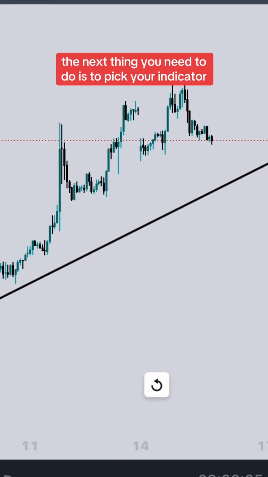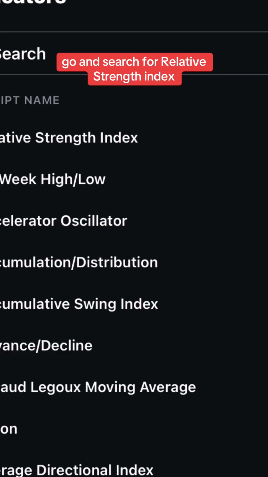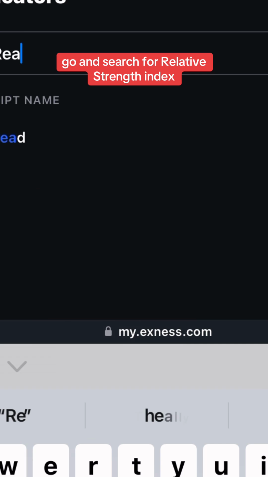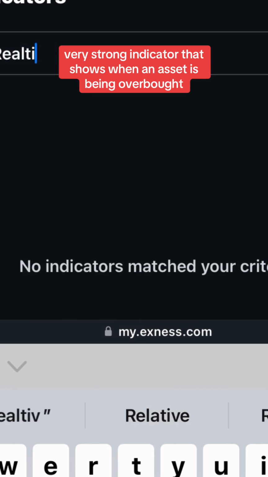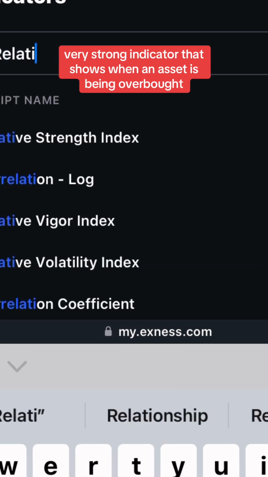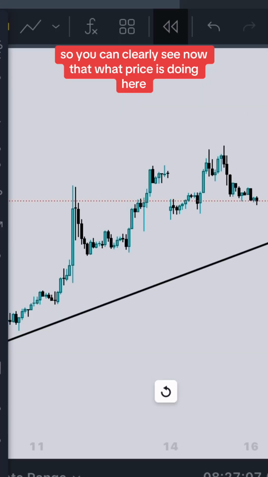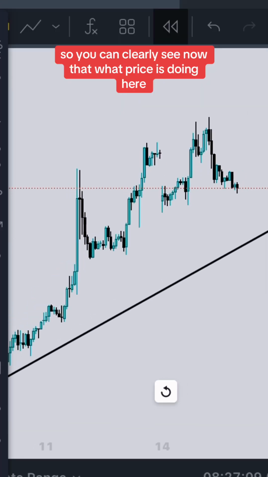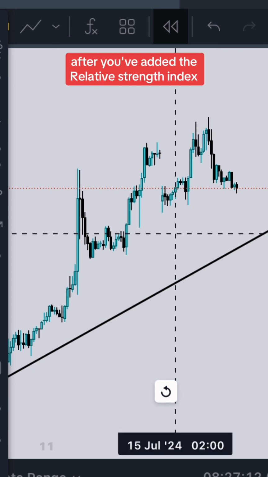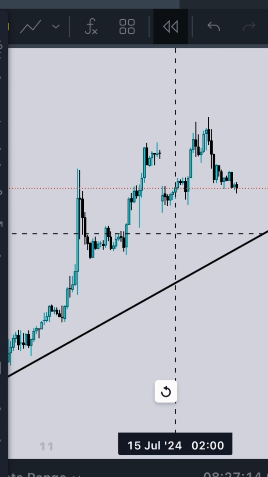So now the next thing you need to do is to pick your indicator, go and search for relative strength index. It's a very strong indicator that shows when an asset is being overbought. So you can clearly see what price is doing here after you've added the relative strength index.